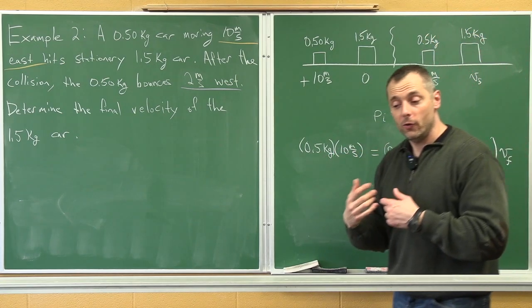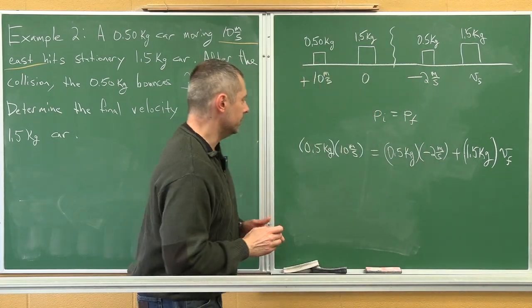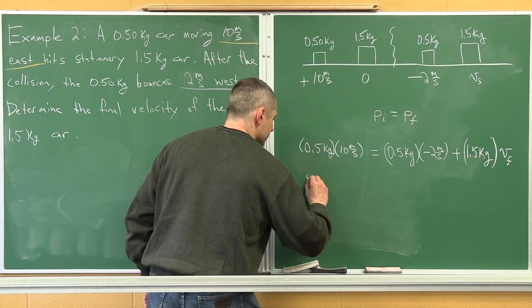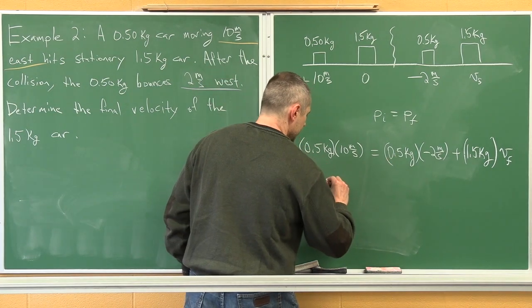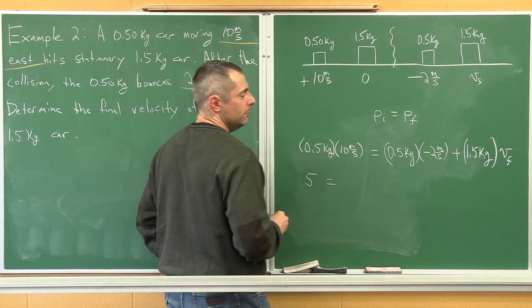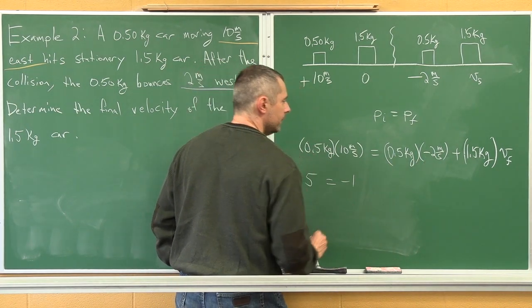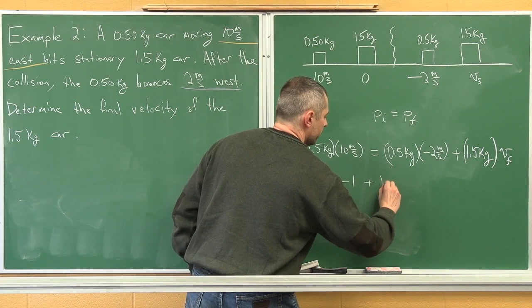And now, all that's left is a little bit of algebra. So 0.5 times 5 is 5 again, equals negative 2 times 0.5 is negative 1, plus 1.5v.